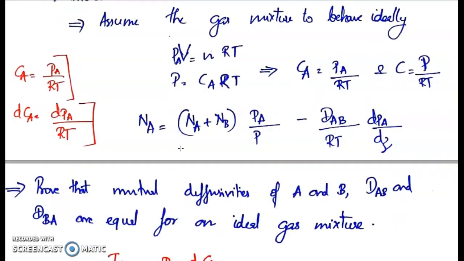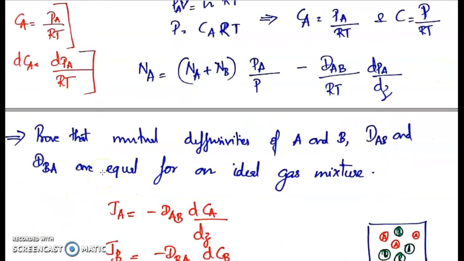Now let us prove that the mutual diffusivities of A and B, DAB and DBA, are equal for an ideal gas mixture. So if the gas mixture is ideal, the diffusivities of A and B should be equal. Let us try to prove that.